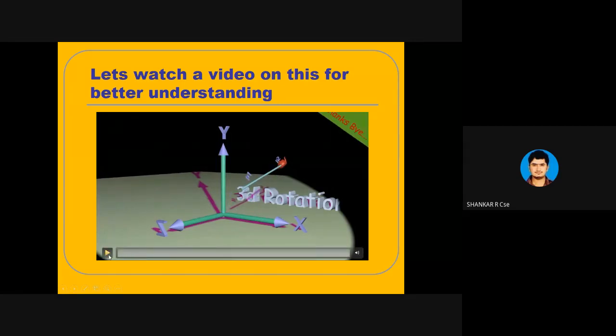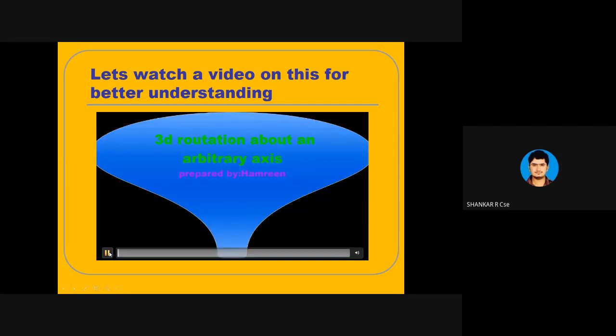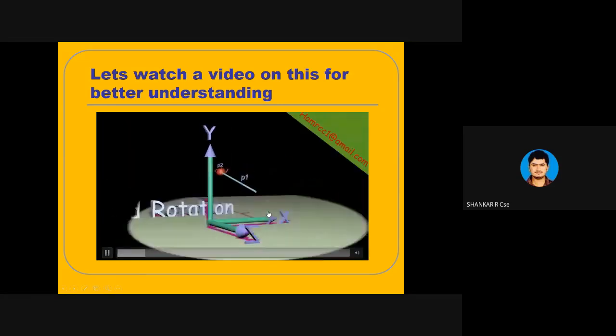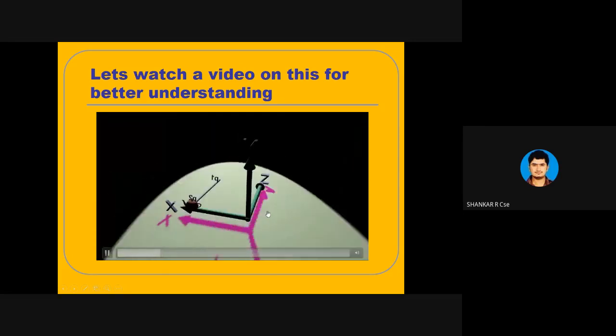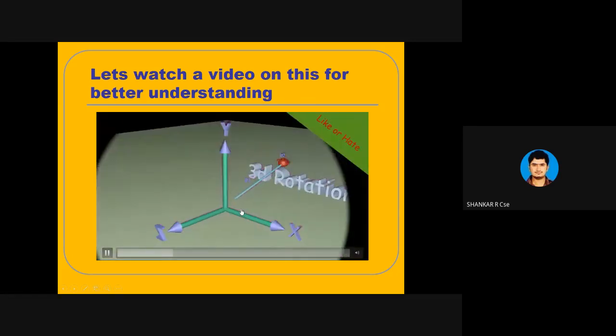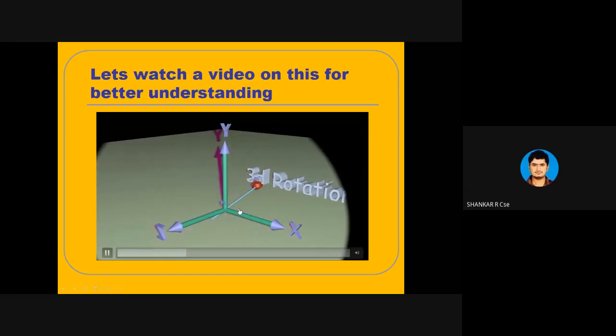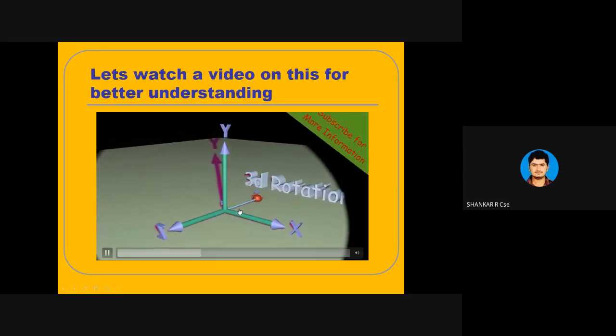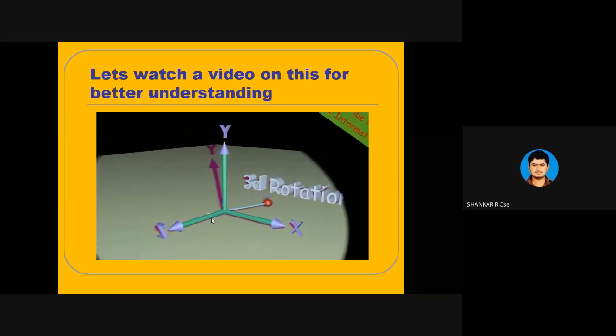Let us have a quick look again. This P1, P2 is your arbitrary axis, and the teapot is your object. First step is bring that axis to origin. Second, rotate it to the z-axis.